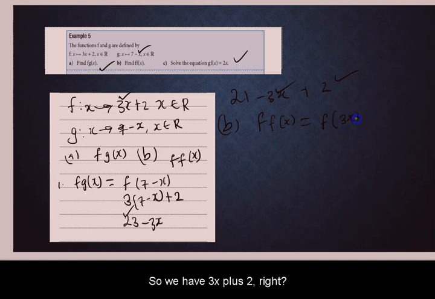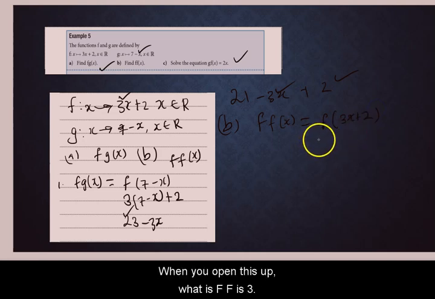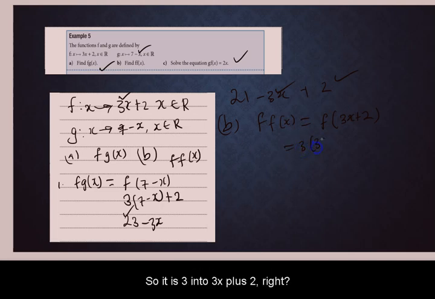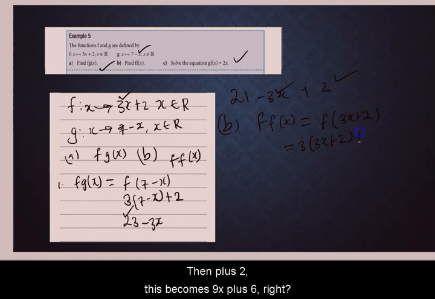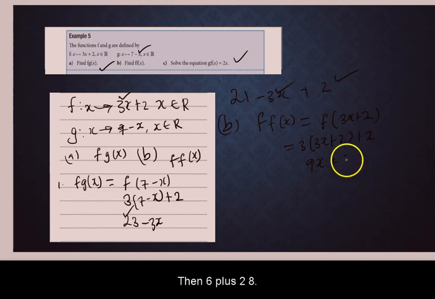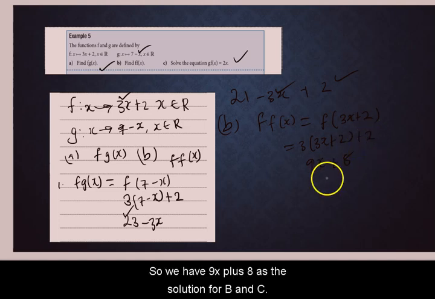So we have 3x plus 2, when you open this up, f is 3, so it is 3 into 3x plus 2, then plus 2. This becomes 9x plus 6, then 6 plus 2 is 8. So we have 9x plus 8 as the solution for B.